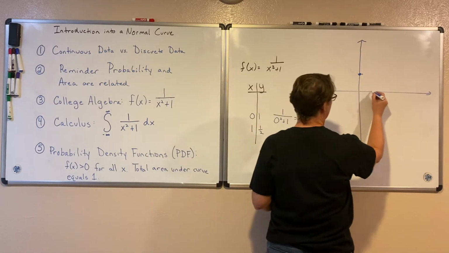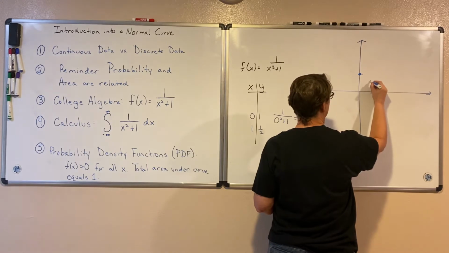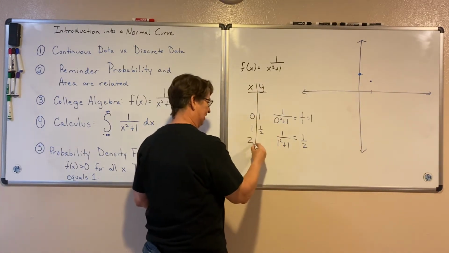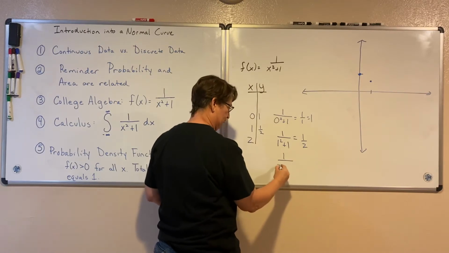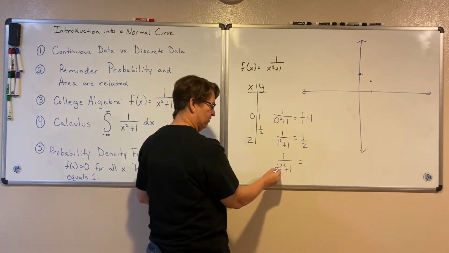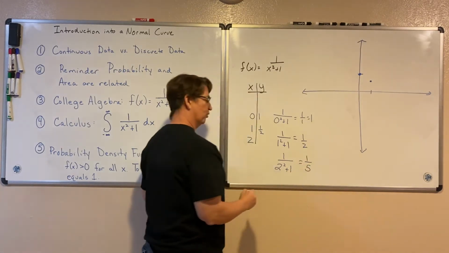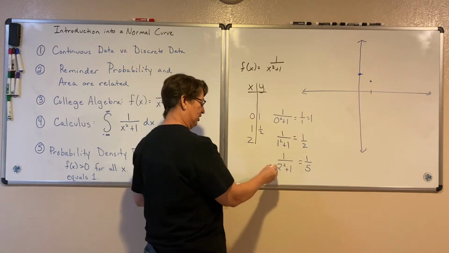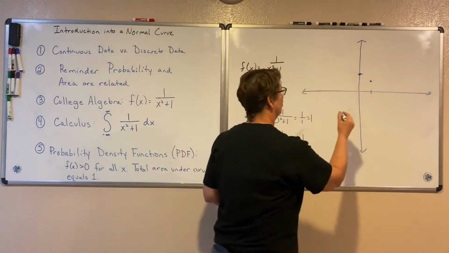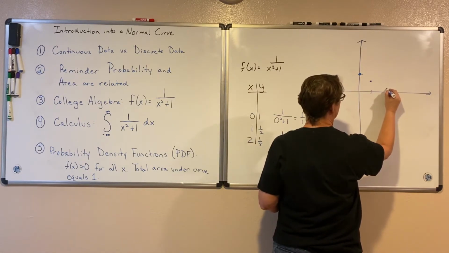Let's put in 2 for x, so that I have 1 over 2 squared plus 1. Well, that's 4. 4 plus 1 gives me 5, so I end up with 1/5. When I put in 2, I get out 1/5.